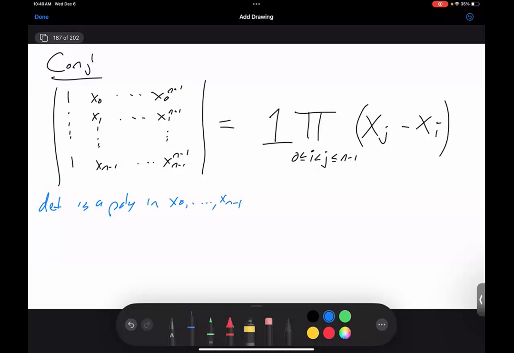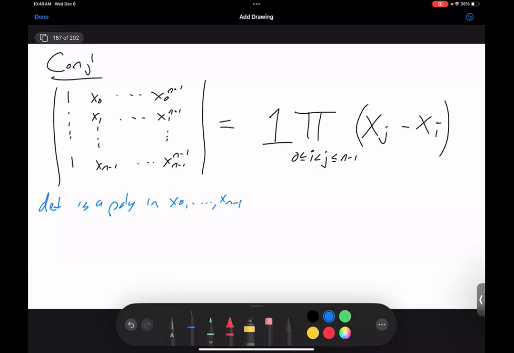So if I take something from the first column, what is the power of that? What's the degree of something from the first column? 0. What's the degree of something from the next? 1, and so on.